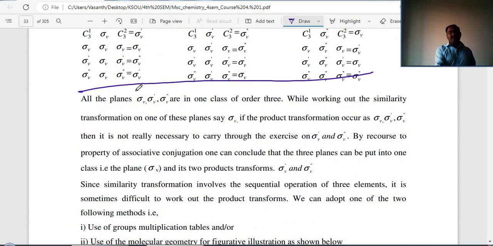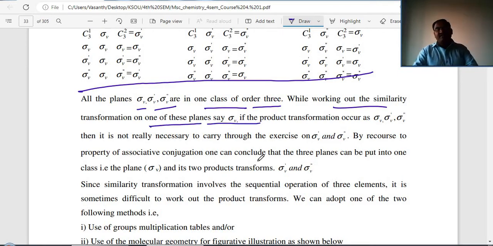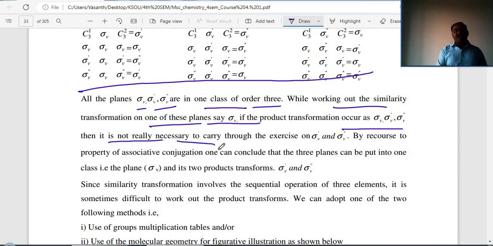All planes like sigma V, sigma V dash and sigma V double dash are in one class of order 3. While working out the similarity transformations on one of these planes, say sigma V, if the product transformations occur as sigma V dash and sigma V double dash, then it is not really necessary to carry out the exercise throughout for sigma V dash and sigma V double dash.